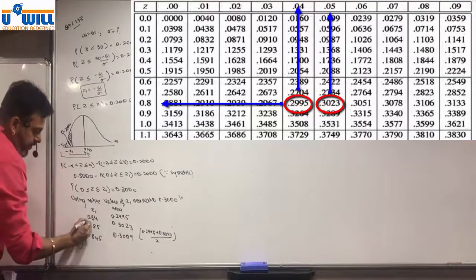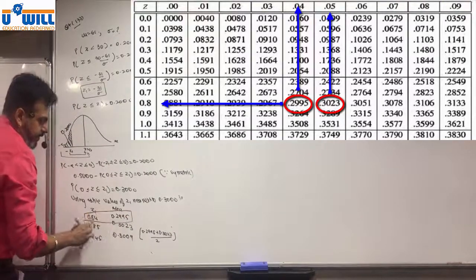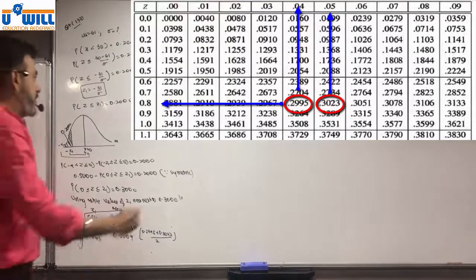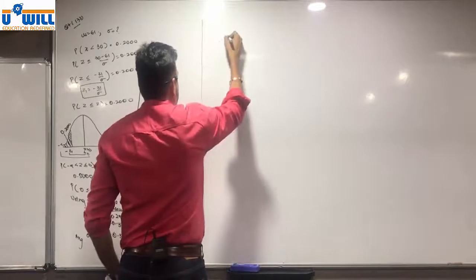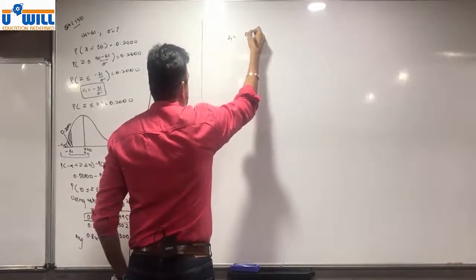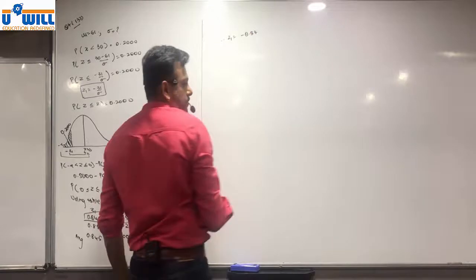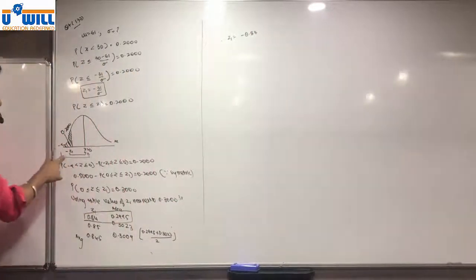Which one is nearer? 0.84. Therefore, Z1 is equal to 0.84. Negative, because Z1 is on the left hand side.